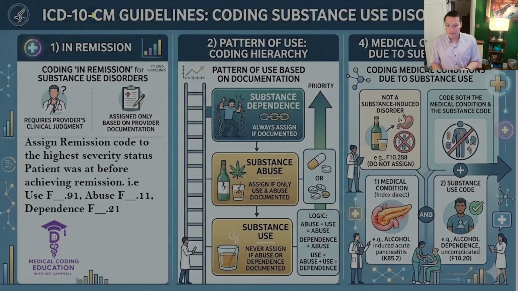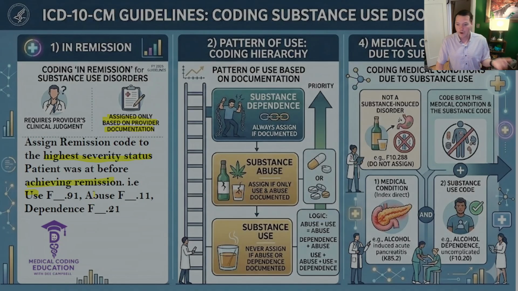Next, for the in remission guidelines here, and just general coding guidelines once it comes to substance use, here's just another table for a way of looking at substance use, a priority chart of it. When it comes to remission, we can only assign it when the provider explicitly states that the patient is in remission. And then how remission codes work is we will assign the code status based off the highest severity status that the patient was at before achieving remission.